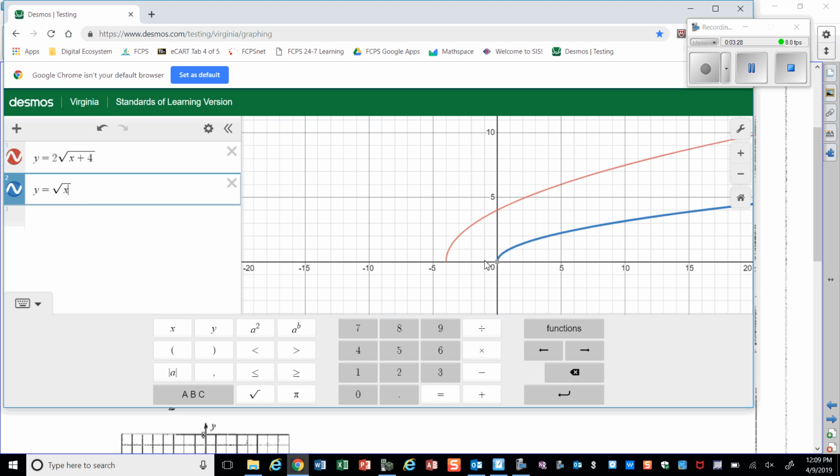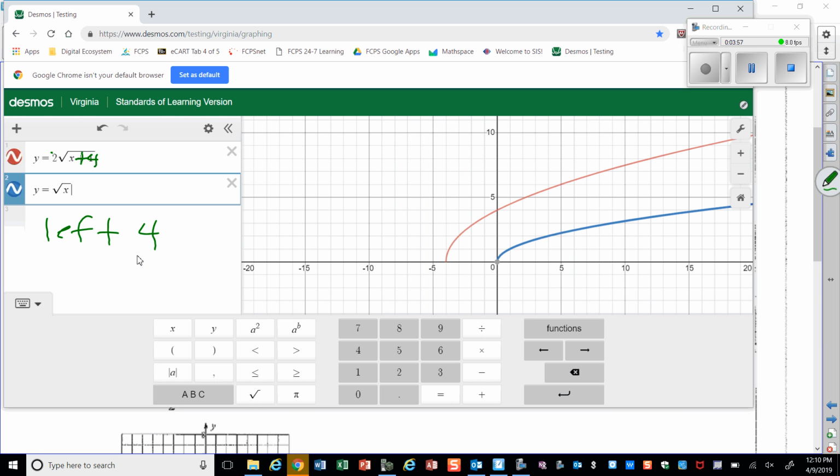So how did it move? Well, how did I get from the blue to the red? Well, I moved to the left 4, all right? And then also it's much steeper, right? It's got a different slope, and so that would be a stretch. My y's are doubled by 2. So inside here, this plus 4 is going to move it to the left 4.